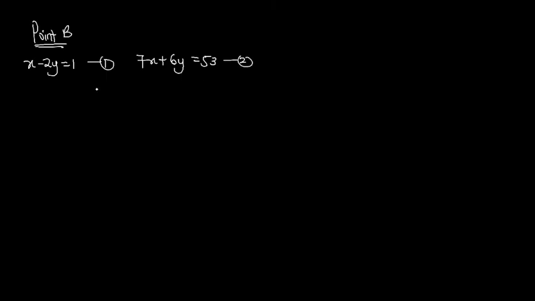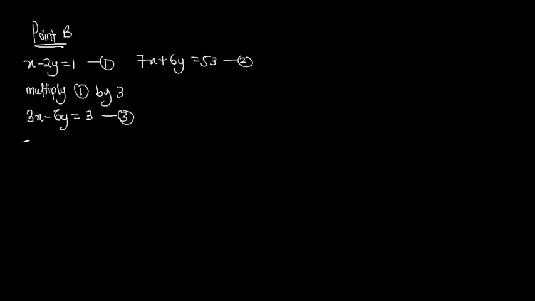Now if I look at equation 1 and equation 2, if I multiply equation 1 by 3, I can get 6y over here, which I can cancel using the elimination method. So I'm going to start by saying multiply equation 1 by 3, and if I do that, that will give me 3x minus 6y is equal to 3. This becomes our equation 3.